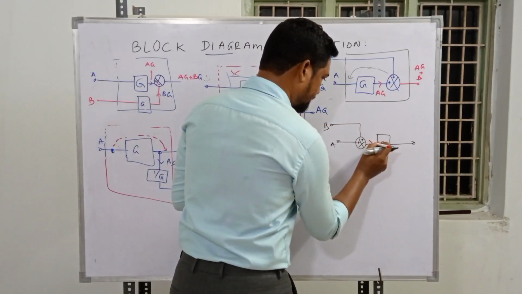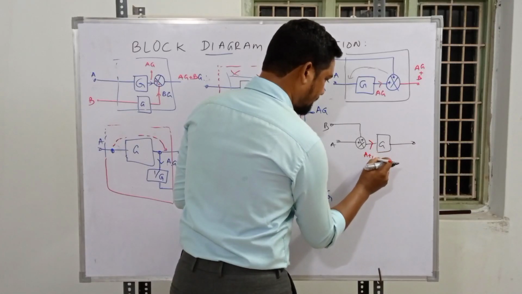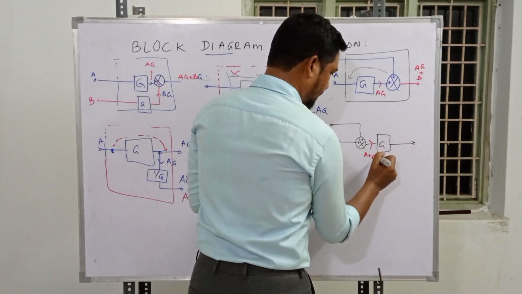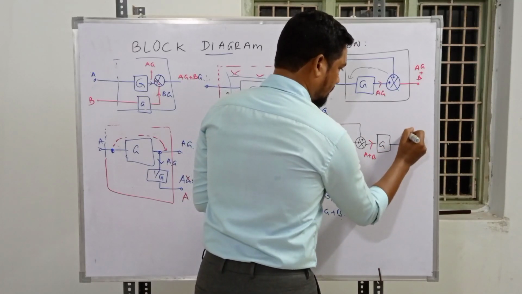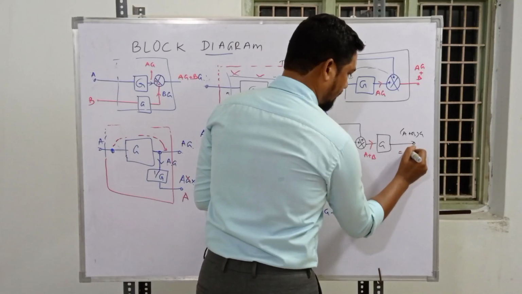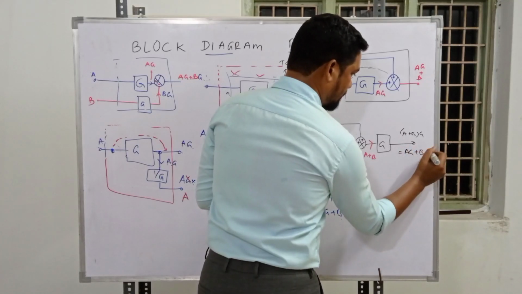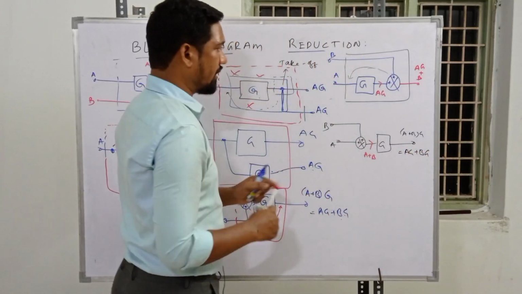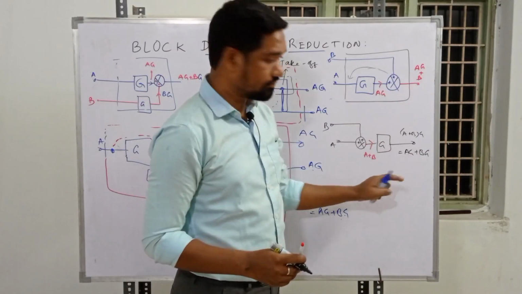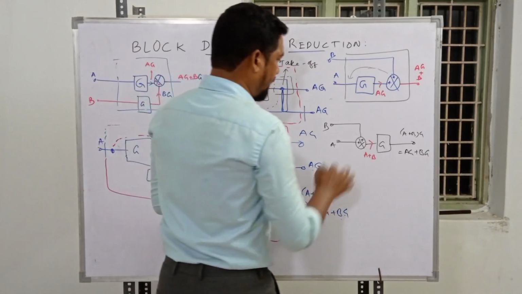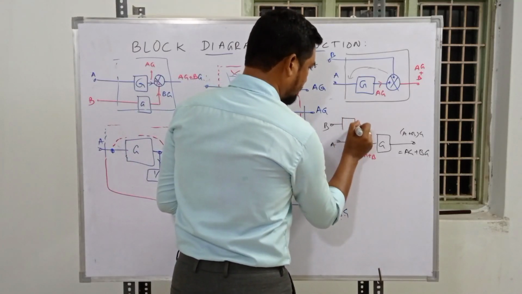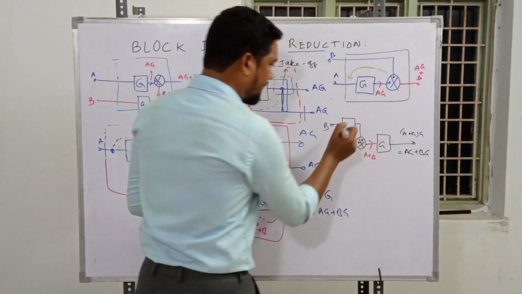It is A plus B. Up to this point it's A plus B, and after this, A plus B is multiplied with G, so AG plus BG. But what do we want to have? It's AG and only B. So what should be done? Introduce a block over here with 1 by G.